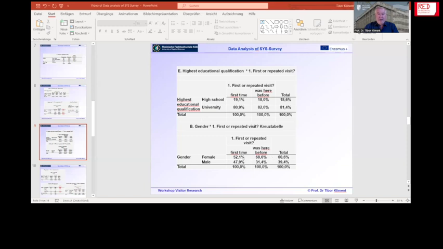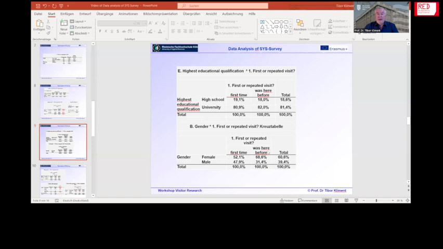And here it is very interesting to see that first-time visitors are 52.1% female, and we have a little fewer male visitors, 47.9%, but it's different among the regular visitors.